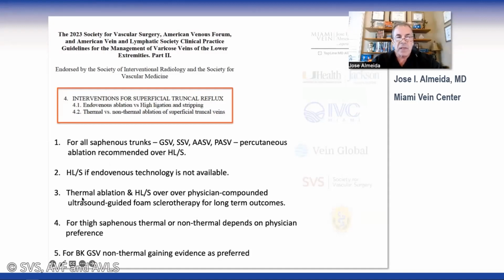Third, thermal ablation and high ligation and stripping over physician-compounded ultrasound-guided foam sclerotherapy for patients interested in long-term outcomes. And for saphenous veins in the thigh, thermal or non-thermal is equivalent in the committee's mind. It depends more on physician preference. And the last point, for below-knee great saphenous vein, non-thermal is gaining evidence as the preferred technique.